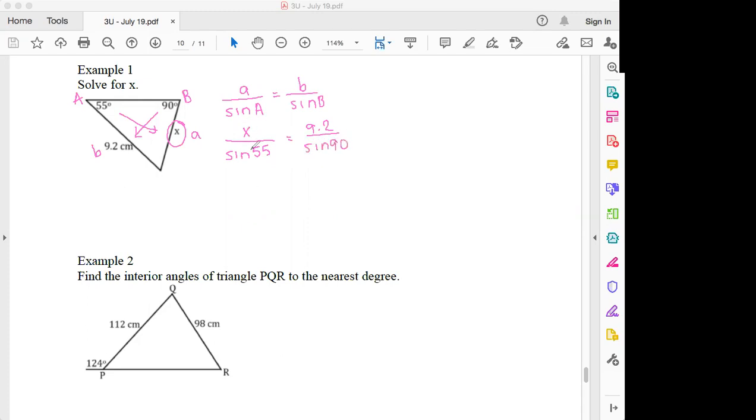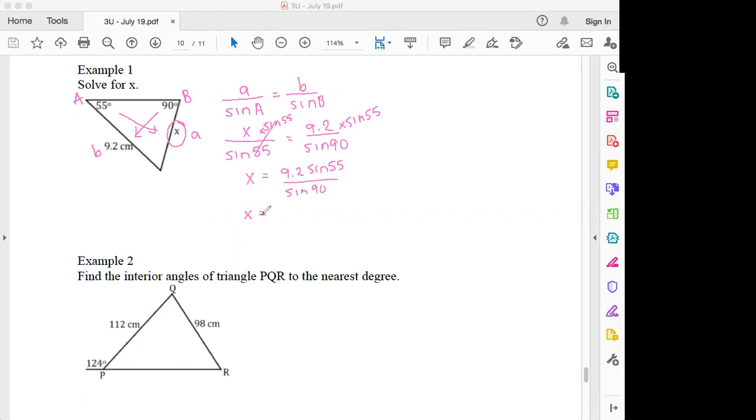We want to solve for x. Right now it's being divided by sine of 55, so we multiply by sine of 55 on both sides. It cancels that out and we get x on its own. So x equals 9.2 sine of 55 over sine of 90.